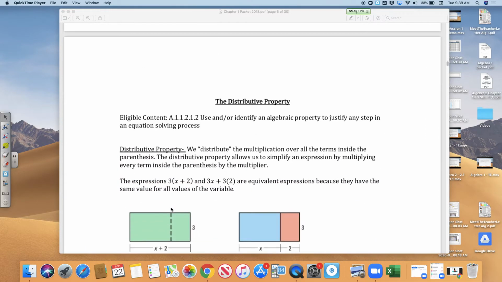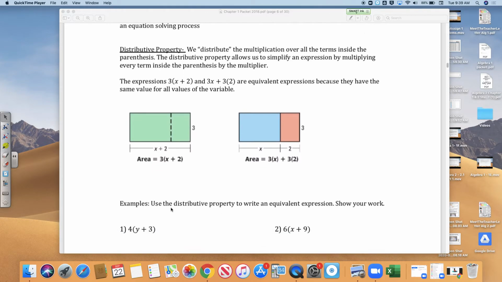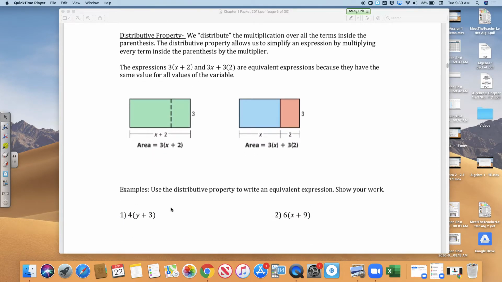The distributive property is the next property that we learned, and we are basically distributing the number on the outside of the parentheses to simplify. If we have here a rectangle and I said come up with the simplified expression for the area of the rectangle, we could see that this side is 3 and this side is the quantity, x plus 2.